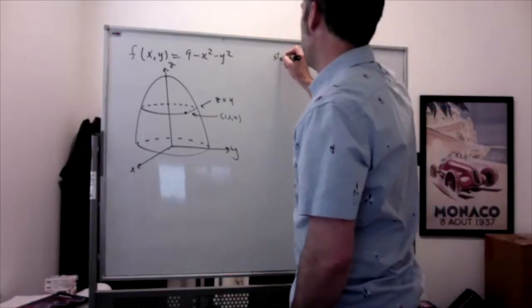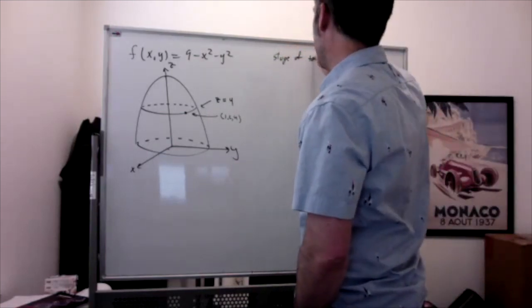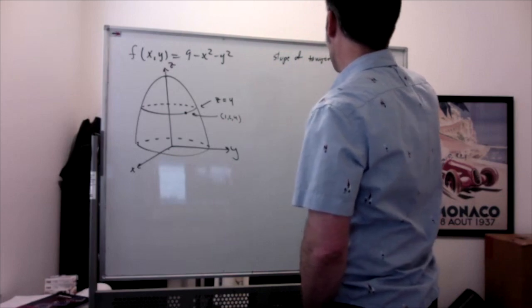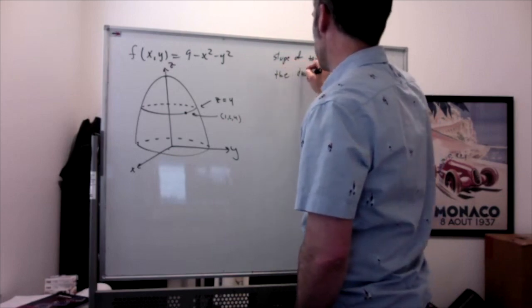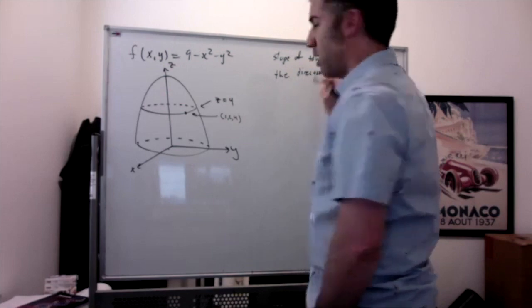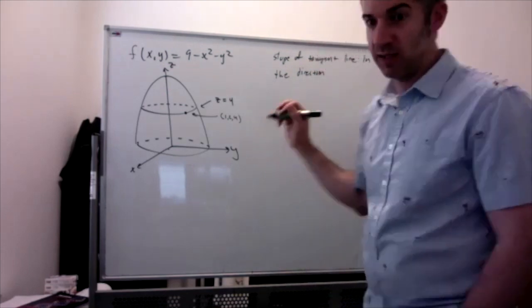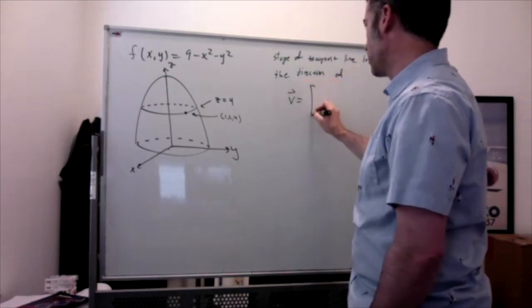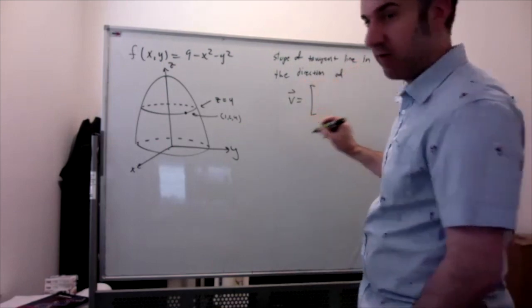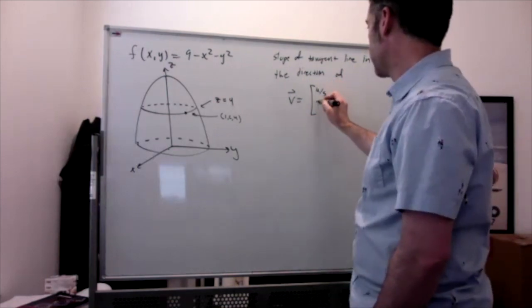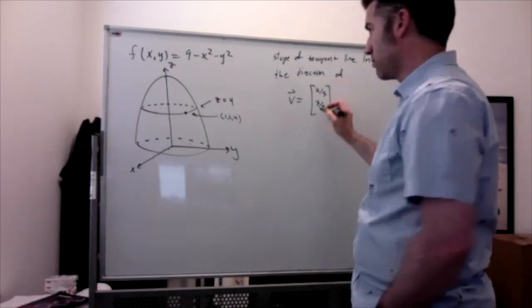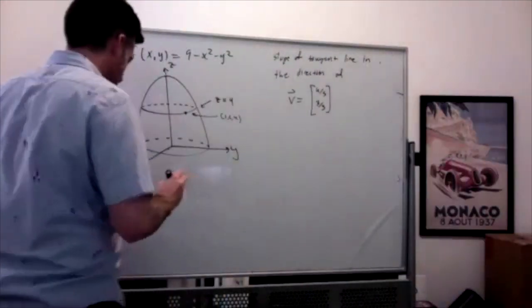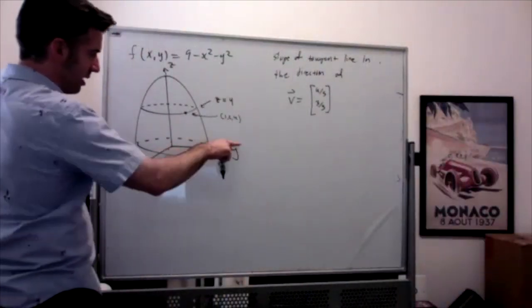What's the slope of the tangent line in the direction of, I'm going to use this direction vector, v equal to (4/5, 3/5), from that point. So notably, this is the positive x direction. This is the positive y direction.